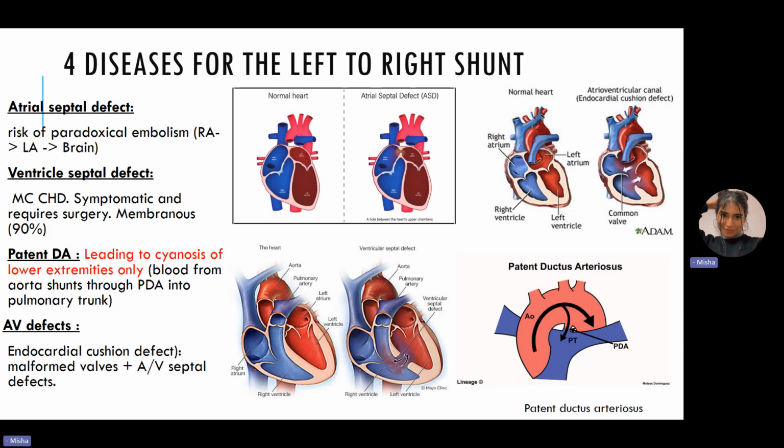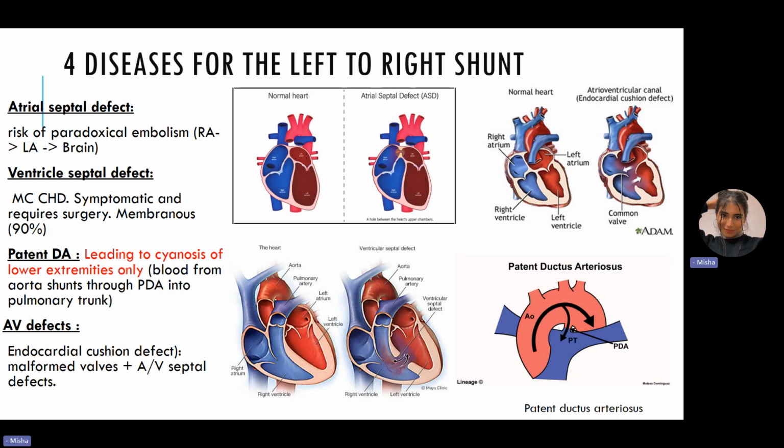So in this case, why does this patency basically occur? And this is due to high prostaglandin E and low oxygen tension. And now patent ductus arteriosus can be linked to three major things. One is congenital rubella. Second is the tetralogy of Fallot, which I'll be explaining later, and prematurity.